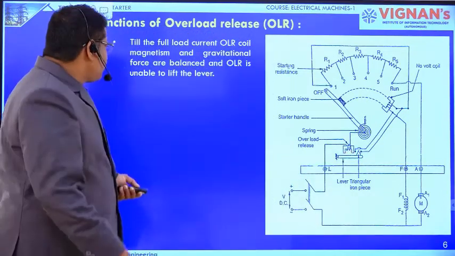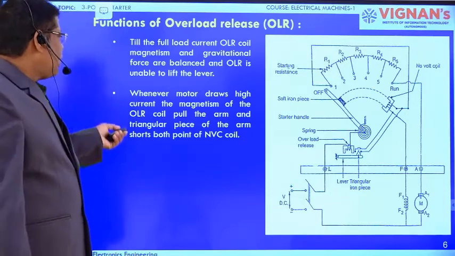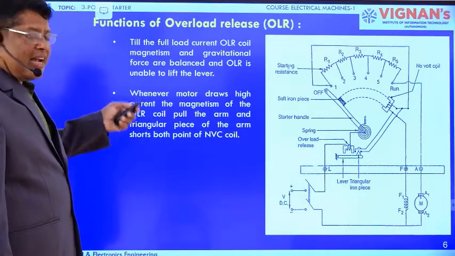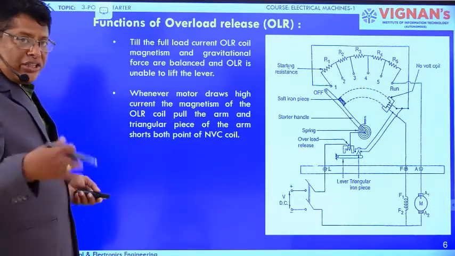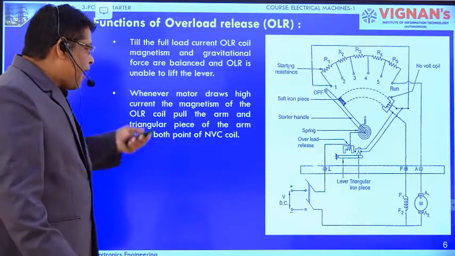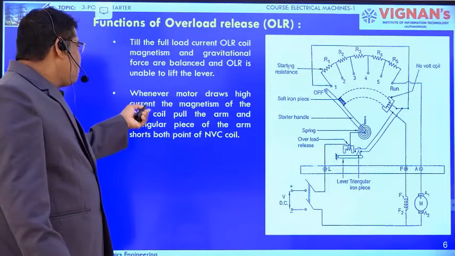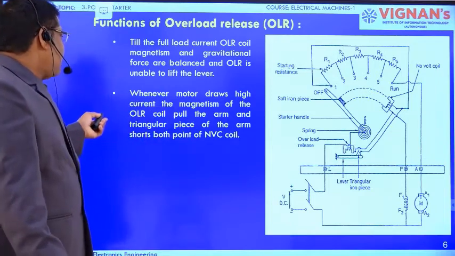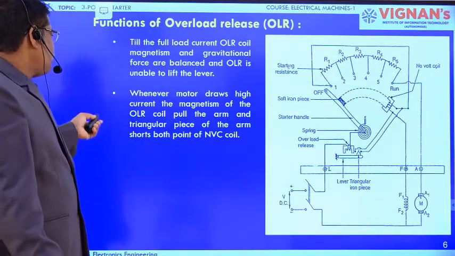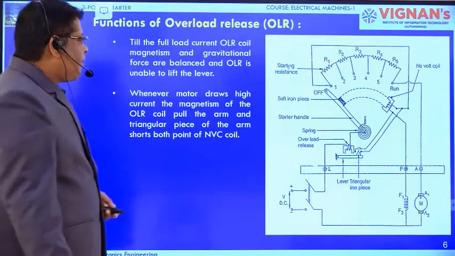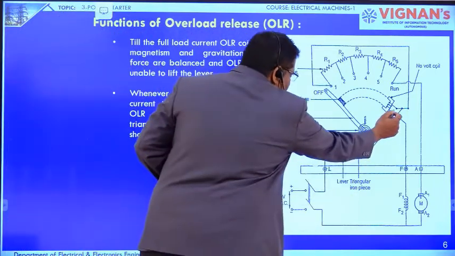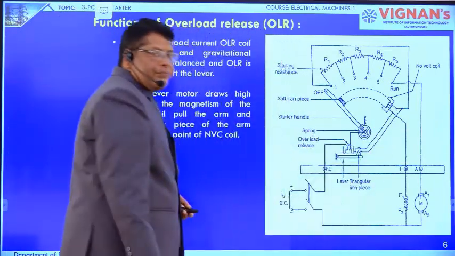Whenever the motor draws a high current, more than the rated value, the magnetic force coming from the OLR coil pulls the arm, and the triangular piece of the arm short circuits both points of the NVC coil.